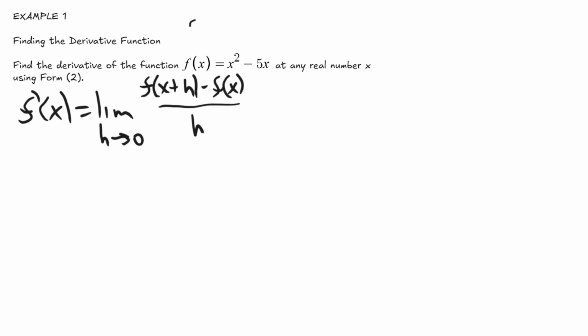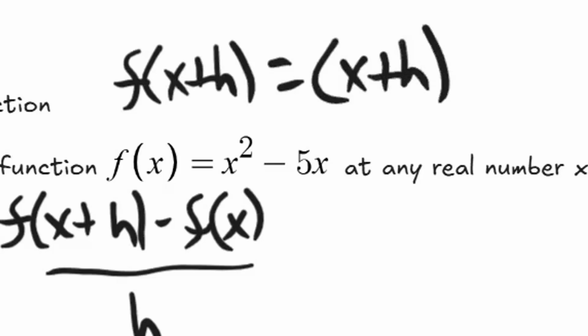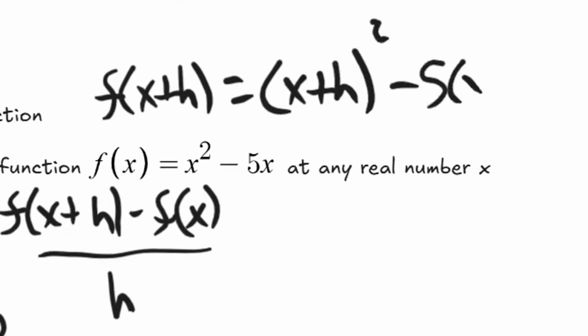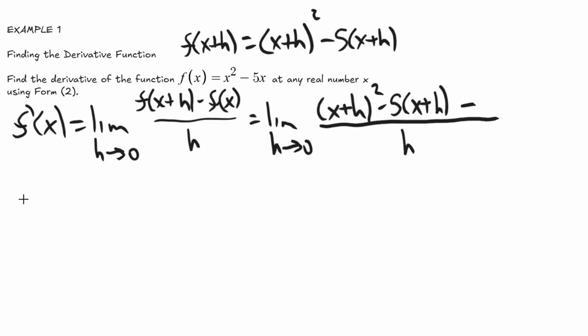I'll show that up here quickly. So f of x plus h is going to be x plus h squared minus 5 times x plus h. And then we subtract f of x, which is x squared minus 5x, but we have to put that in parentheses because we're subtracting that whole quantity.